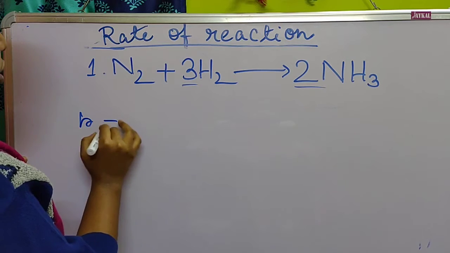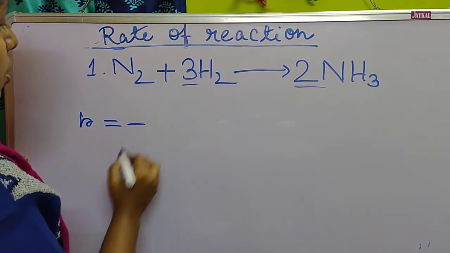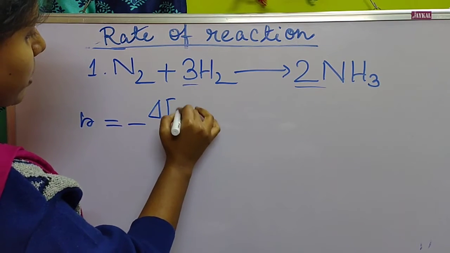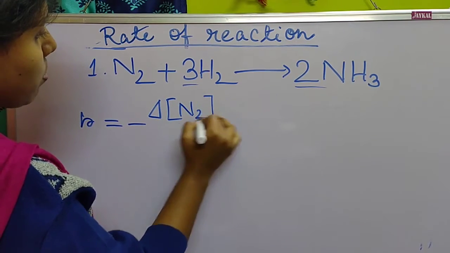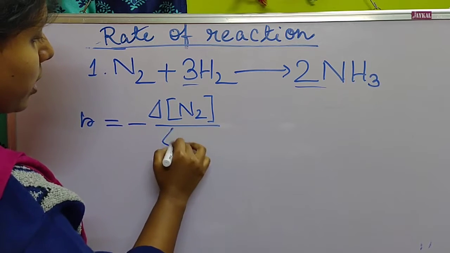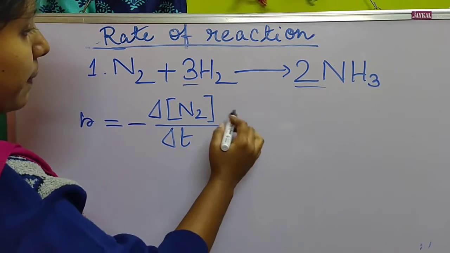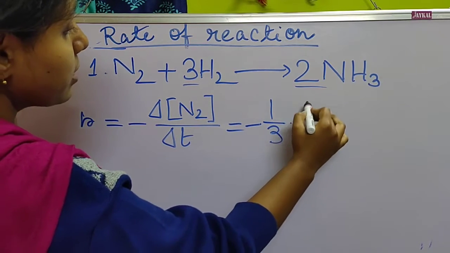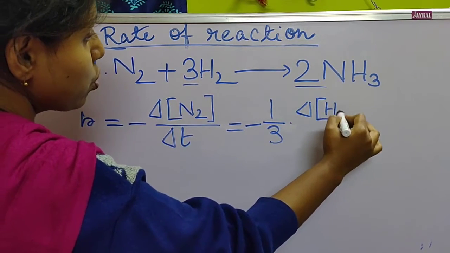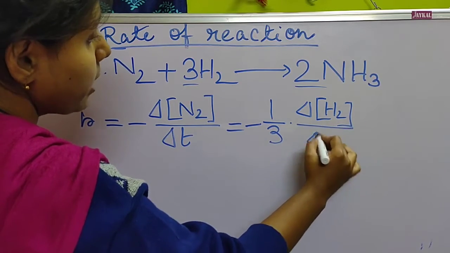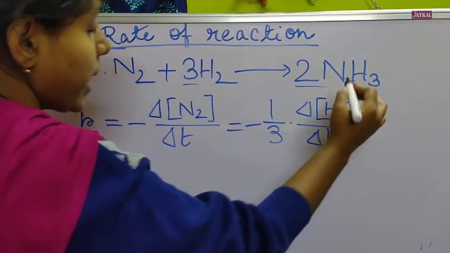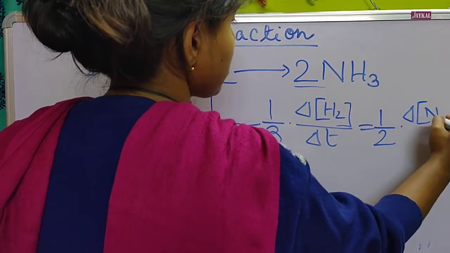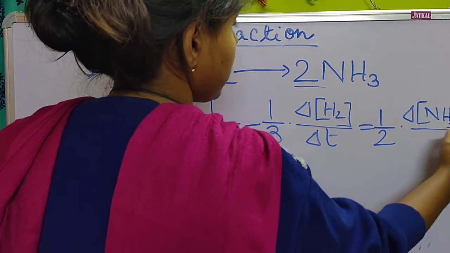While writing the rate of this equation, minus 1 by 1 means that will be 1, so no need to write this. So delta within third bracket molar concentration of nitrogen divided by delta T is equal to minus 1 by 3 delta H2 divided by delta T, and for NH3 it will be plus 1 by 2 delta NH3 divided by delta T.